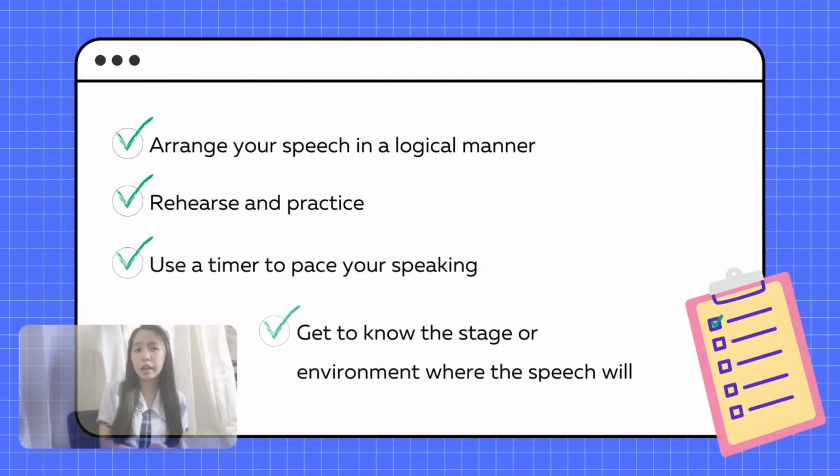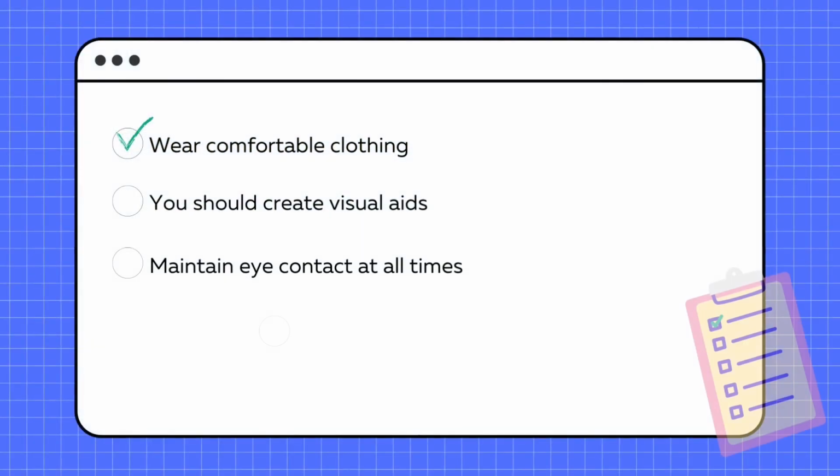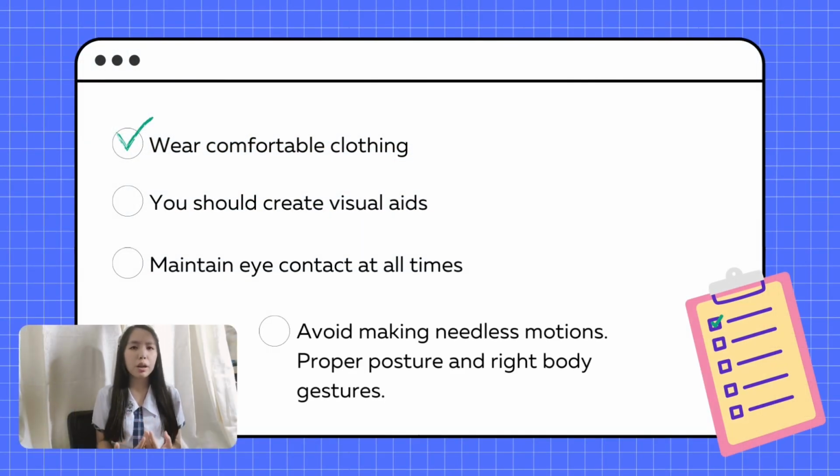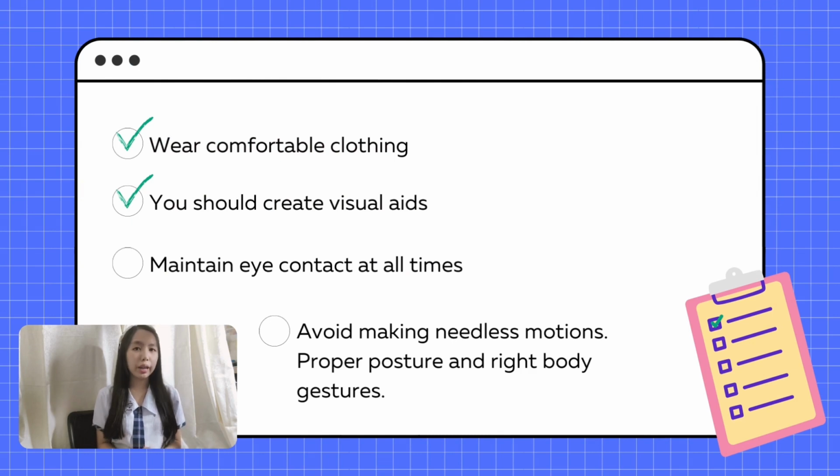Get to know the stage or environment where the speech will take place. Wear comfortable clothes while maintaining a professional impression. You should also create visual aids that complement the speech, whether they be humorous, serious, or technical.